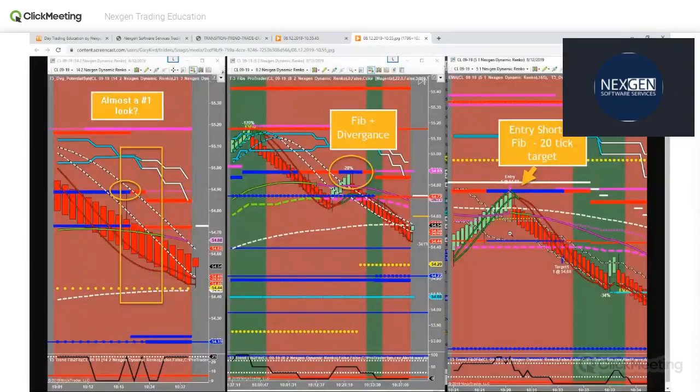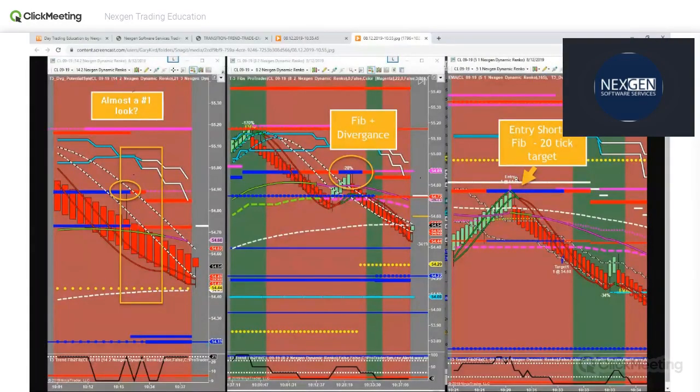The trade technically is correct, but it looks like you kind of need a cleanup of your data because there's some discrepancies in here. But anyway, for almost all intents and purposes, the answer is yes. Almost a number one look is close enough to be able to put a trade on.